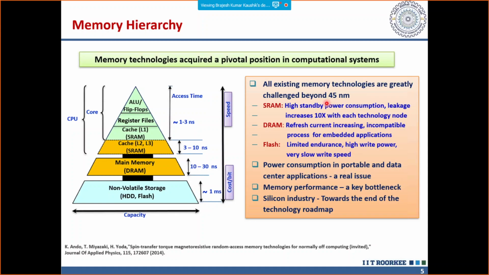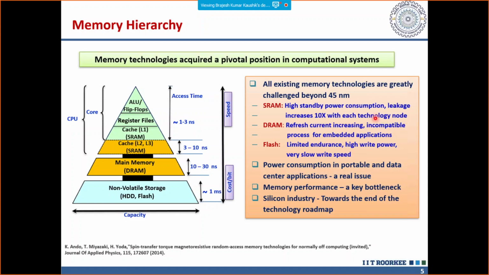Why are they challenged? One is that SRAM has high standby power consumption. The leakage keeps on increasing 10 times with each technology node. As you move on from 45 to 32, 22, and so on, every time your leakage power increases by almost 10 times.